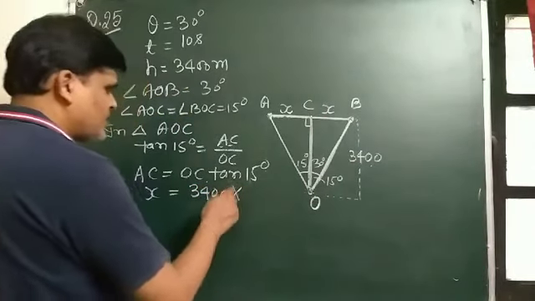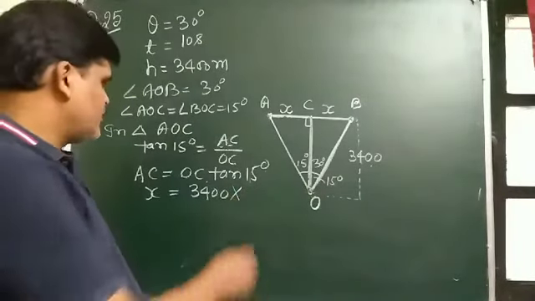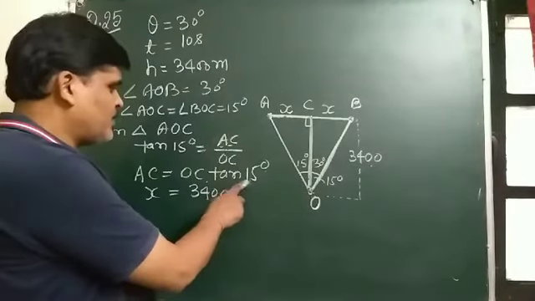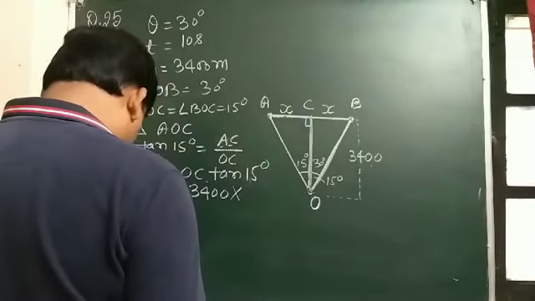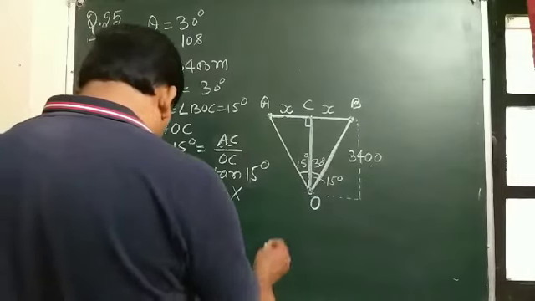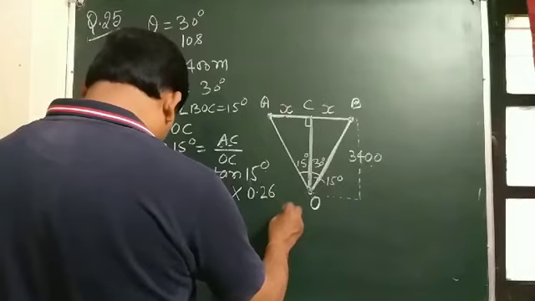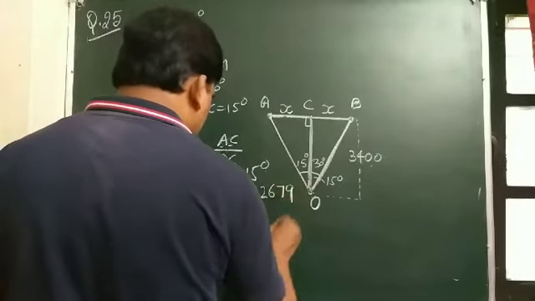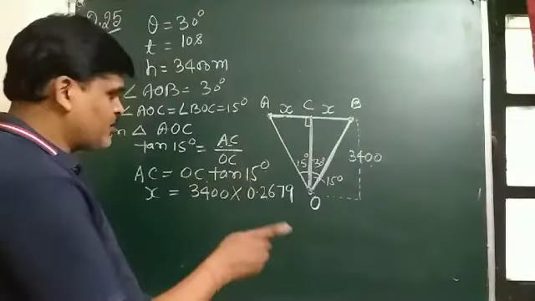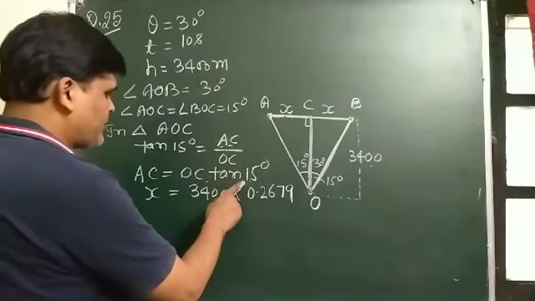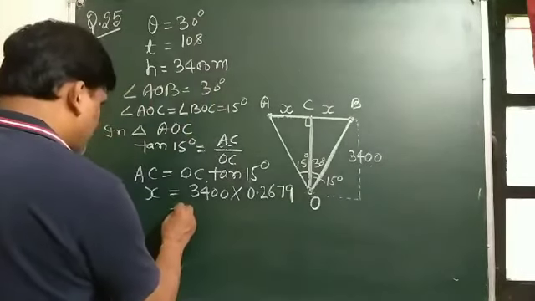And student, by using the natural tangent table in the logbook, we can easily find the value of tan 15 degrees, and I am going to write it directly. The value of tan 15 degrees is 0.2679, using the natural tangent table of the logbook.